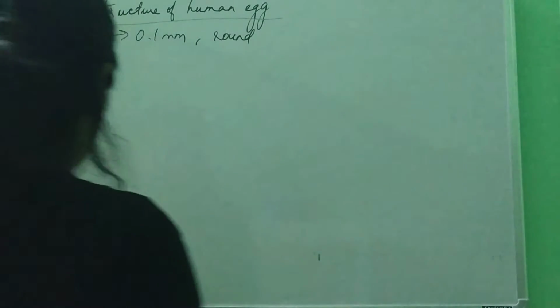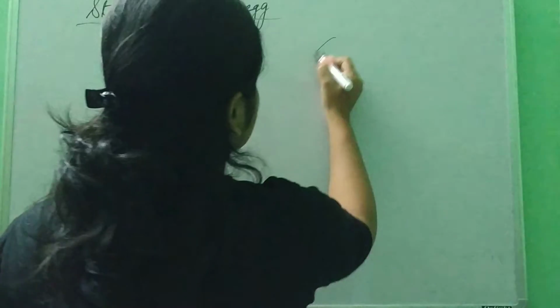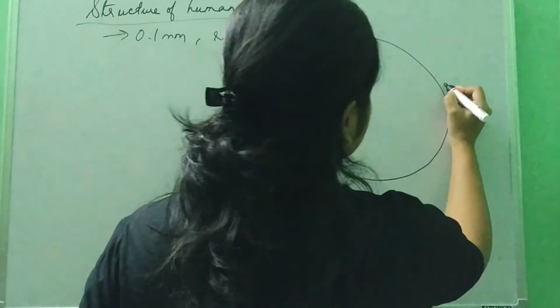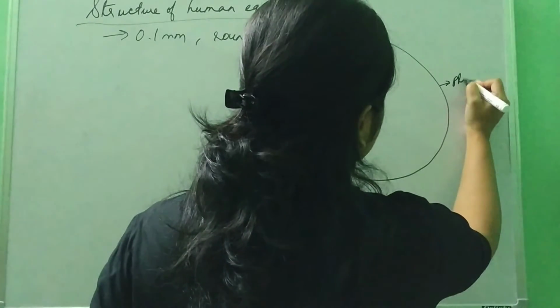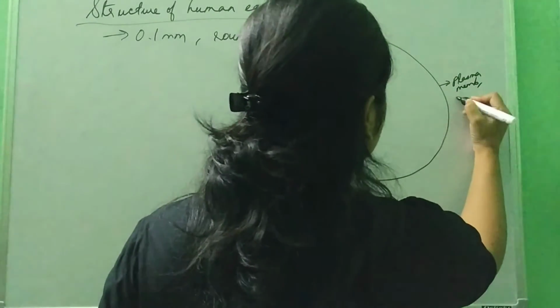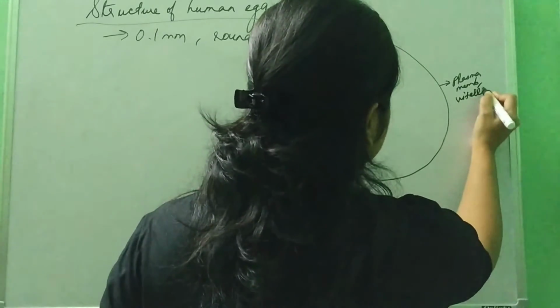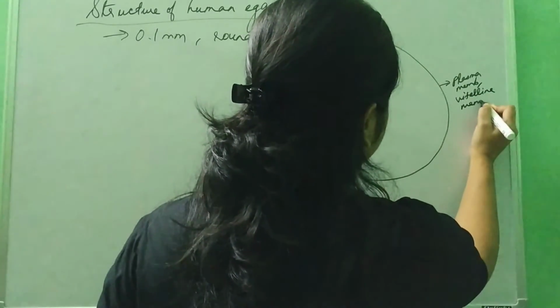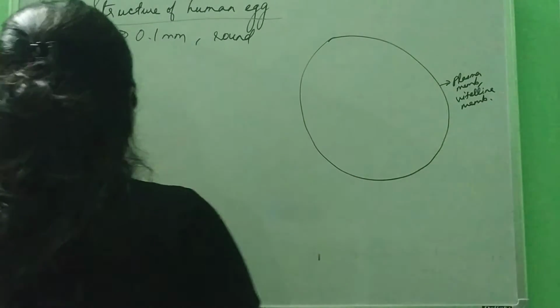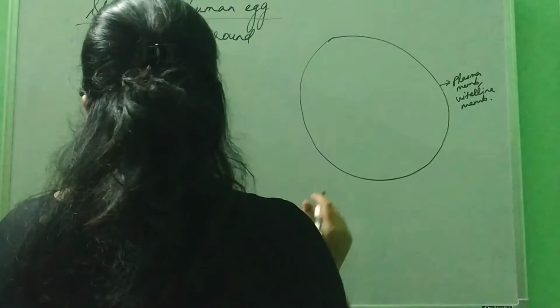Now we'll see the different layers. There will be an outer layer, which is the plasma membrane. It is also known as the vitelline membrane.